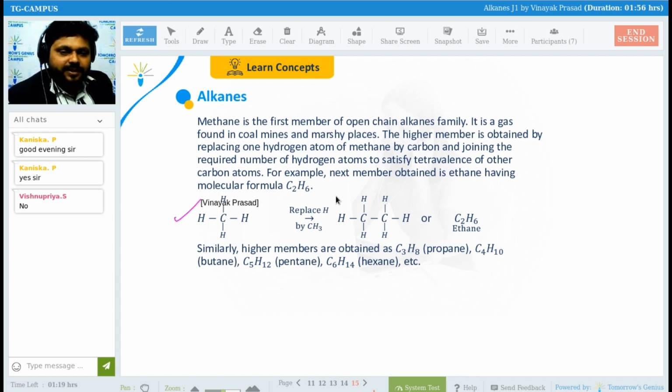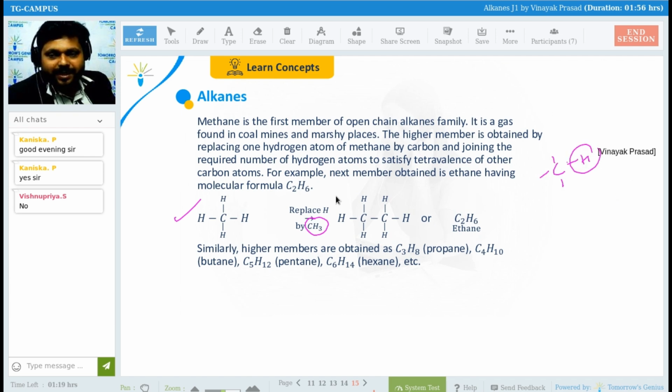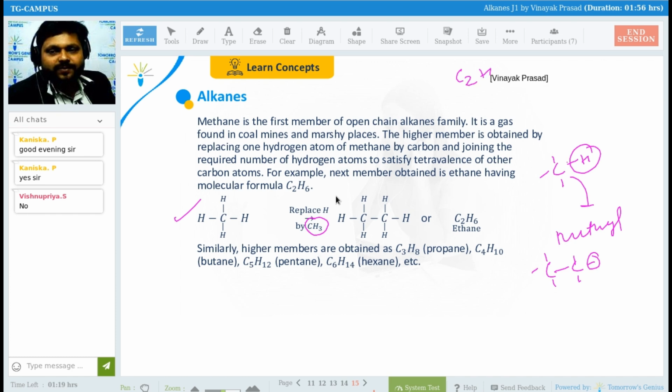So these things we have seen, right? Methane. Now, CH3 group is known as what? Alkyl group. I have told you so many times that if one hydrogen is removed, methane will turn into methyl. If 2 carbons are there, there must be 6 hydrogens. If 1 hydrogen has been removed, it will now be C2H5.